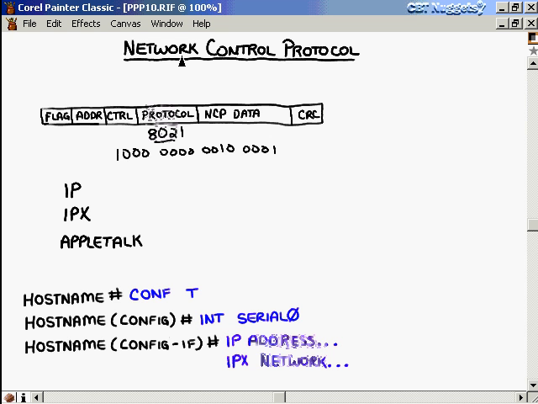Now, this is the support at the PPP level for network protocols, namely IP, IPX, and AppleTalk. As we configure each of these protocols on that serial link, we're going to have information floating across, and it will be labeled as IPCP, which is IP Control Protocol, IPXCP, which is IPX Control Protocol, and then obviously ATCP, which is AppleTalk Control Protocol.